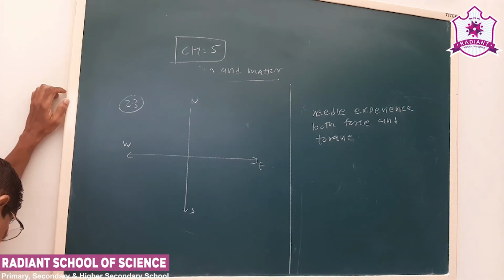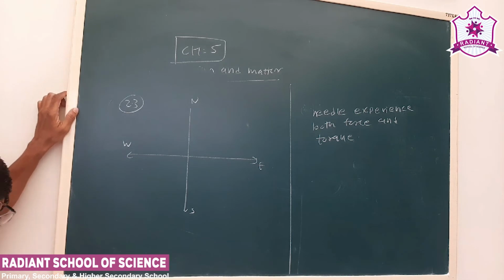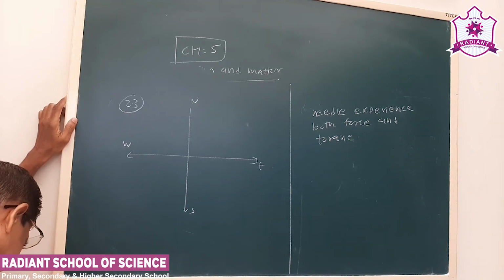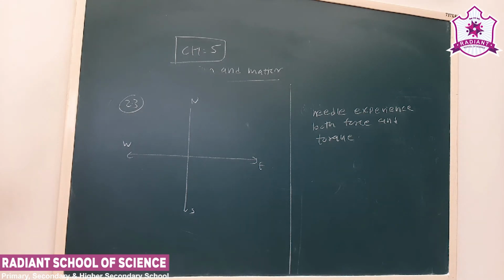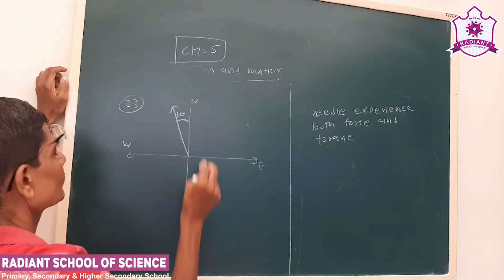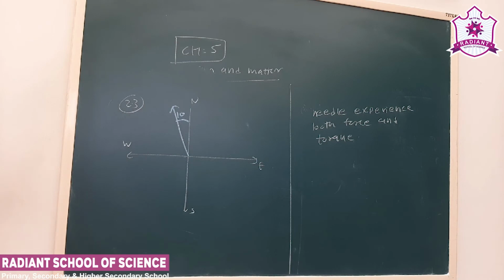Okay, south towards the west, that is 17 degree. The magnetic declination is 10 degree west from the north. Okay, that is the magnetic declination.